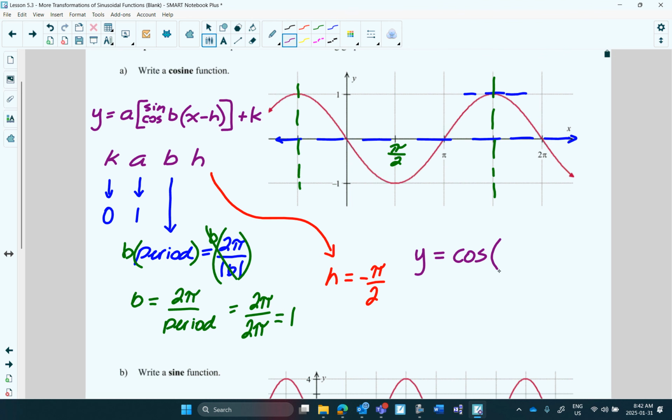X subtract this, which changes it to x plus this. The midline is 0. I don't have to write plus 0. Done. So that's how we would do all of these.